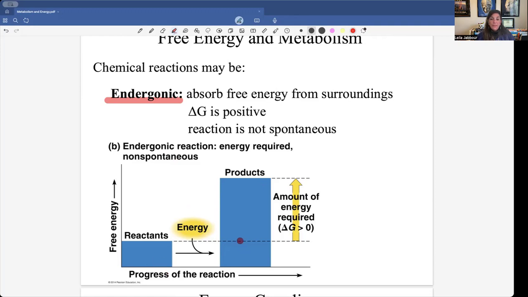So delta G is the G at the end, take away the G at the beginning, right? Sorry about that. When the G at the end is bigger than the G at the beginning, then that difference is going to be positive.